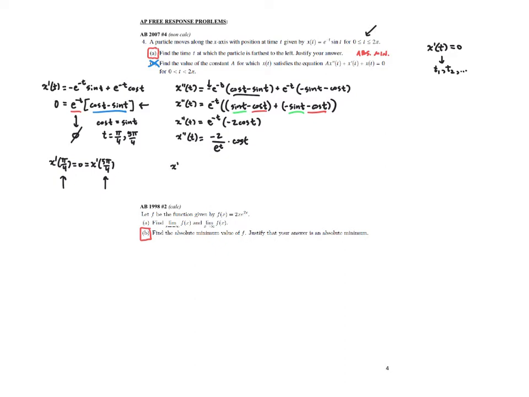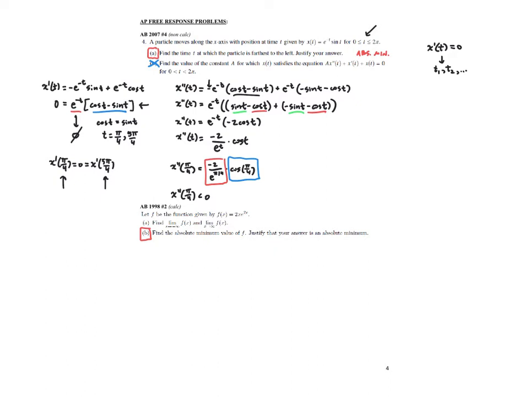Now I'm going to evaluate at both of these values, starting with pi over 4. If I evaluate the second derivative at pi over 4, I'm going to get negative 2 over e to the pi over 4 times cosine of pi over 4. Now, this term here is less than 0, and this term here is greater than 0. Therefore, I don't even care what its actual output is; I know it will be less than 0.